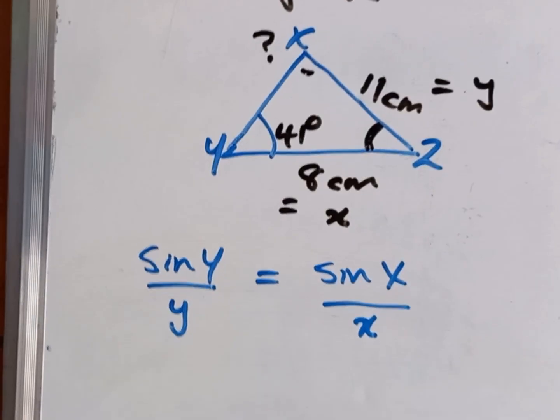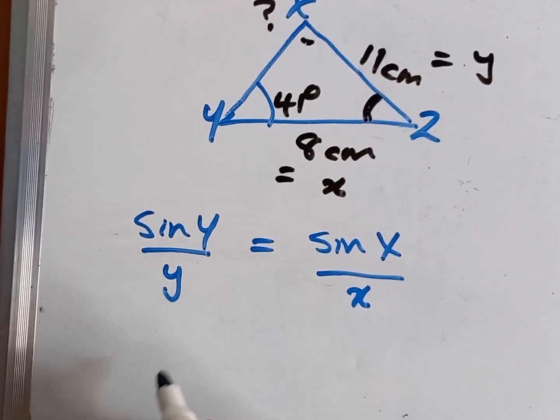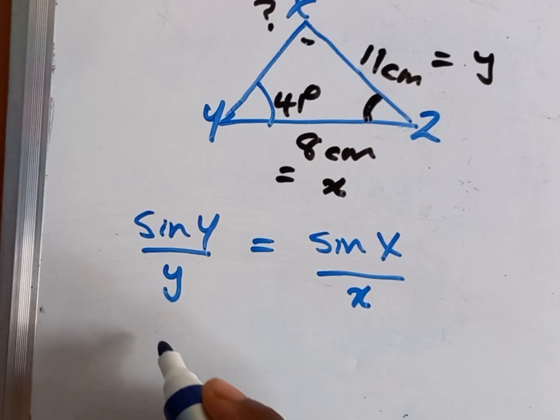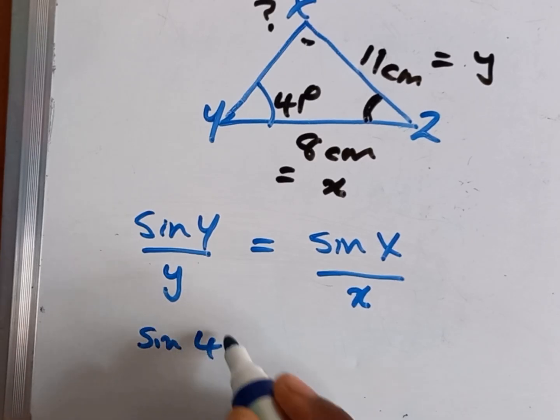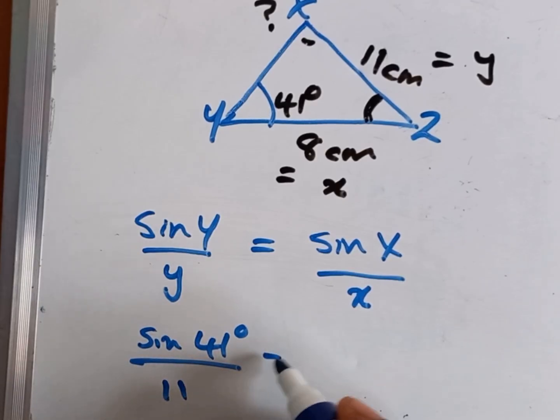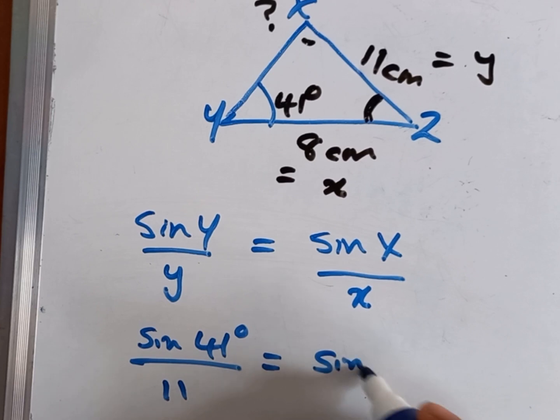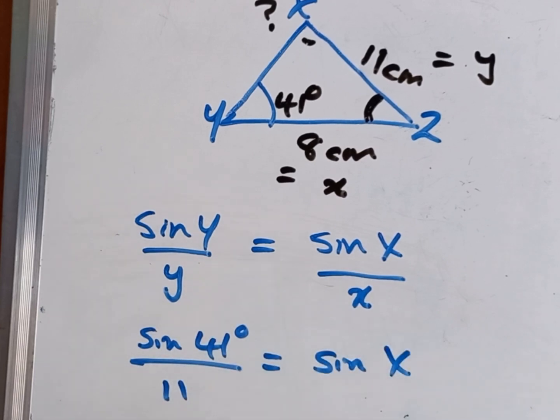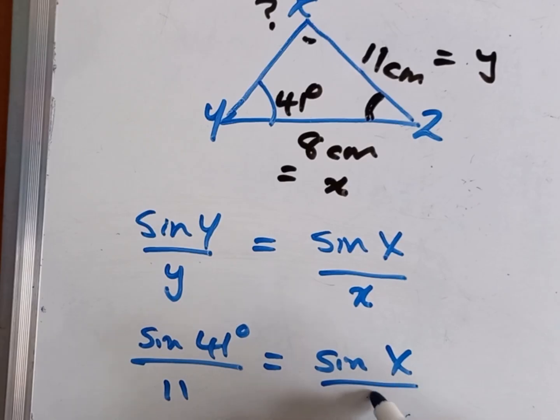So what we're going to do is to plug in the values. So sine y is sine 41 degrees over our side y, 11, which is equal to our sine x, the angle that we want to find, over our side 8.